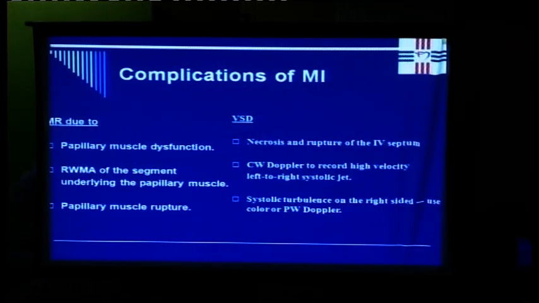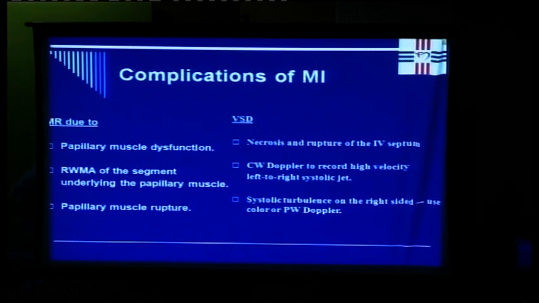More important than that is use of echocardiography for the diagnosis, prognostication and management of complications of acute myocardial infarction or ischemic heart. Mitral regurgitation due to papillary muscle dysfunction or papillary muscle rupture, or regional wall motion abnormality of a segment underlying the papillary muscle, or presence of VSD, when a patient comes with acute chest pain, after 4 hours develops hypotension, shock, and there is a pansystolic murmur.